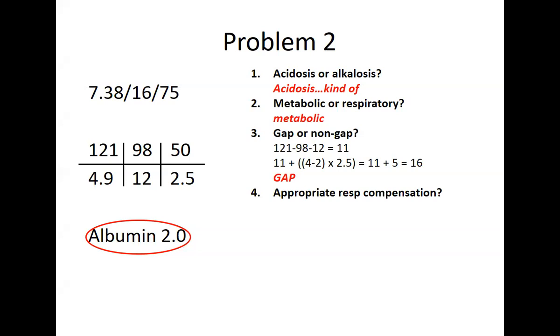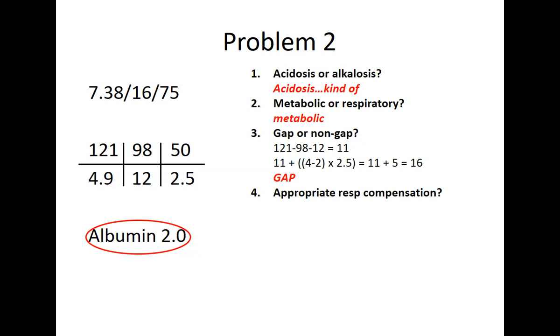Is there appropriate respiratory compensation? What's your Winters formula? So is he overcompensating or is he undercompensating, right? So 12 times 1.5, so 12 plus 6 is 18, plus 8 is 26, plus or minus 2.